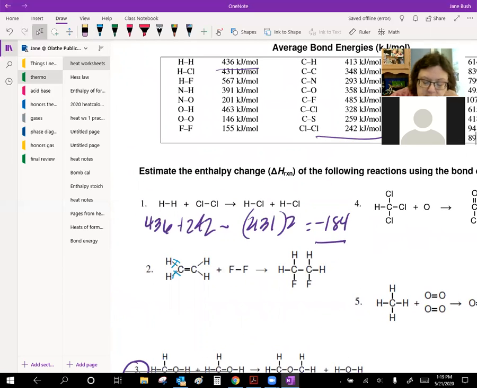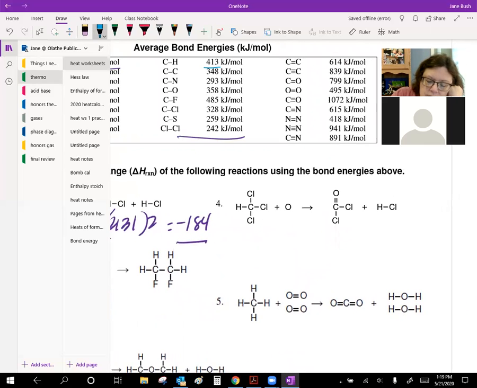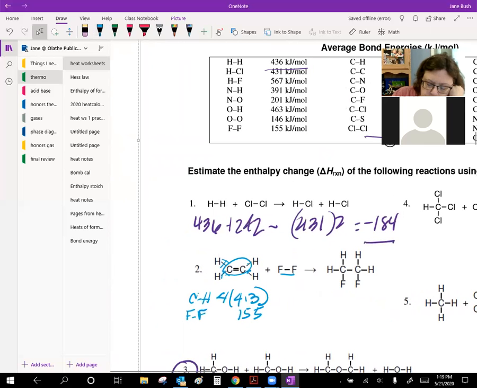So if we break the CH bond, CH is 413, and there's 1, 2, 3, 4 of them. There's 1 fluorine, which is 155. And there's a double bond carbon-carbon, which is 614. So you would add those guys up.